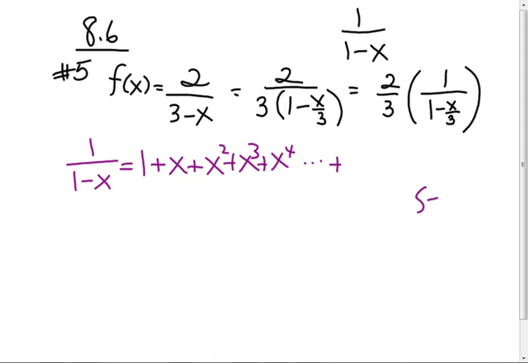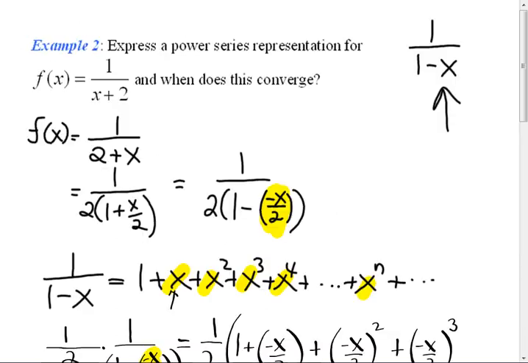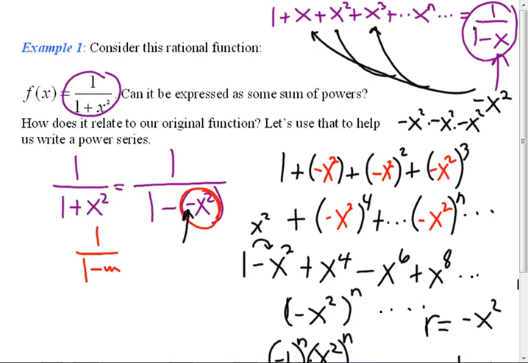Remember, it was s equals a over 1 minus r. R was x and a was 1. Remember, we started here and we got to this. Geometric. No, the alternating one was over here. That's the one that alternated.